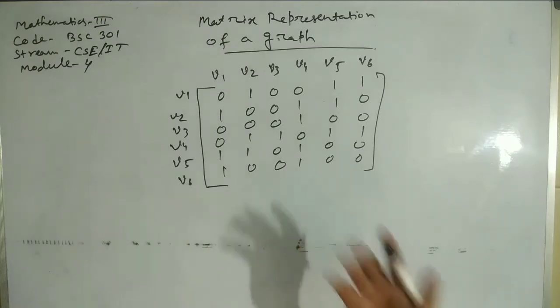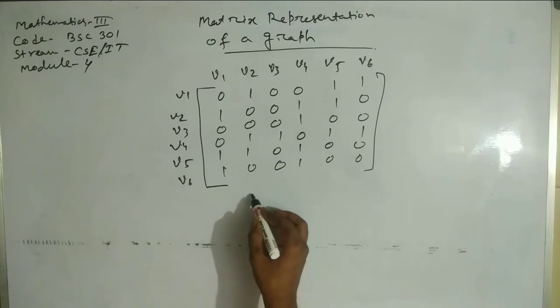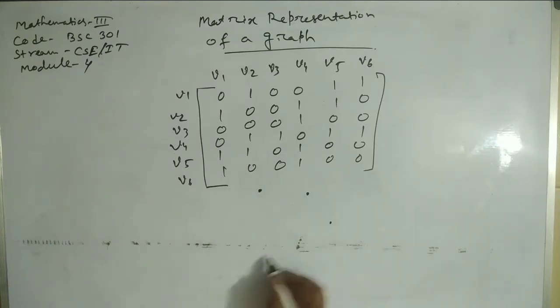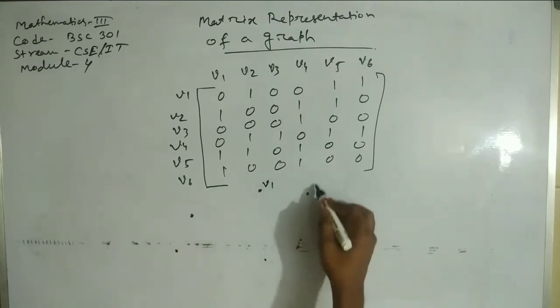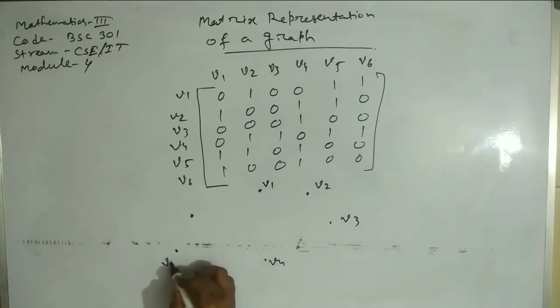Since the matrix has 6 rows and 6 columns, there will be 6 vertices of the graph. First we put 6 vertices, 1, 2, 3, 4, 5, 6, and name them V1, V2, V3, V4, V5, V6.